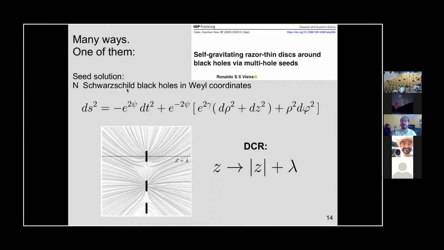A Schwarzschild black hole in Weyl metric is described by a function psi and a function gamma. Psi satisfies in vacuum Laplace's equation, so it is a good thing. And it turns out that it is described by a bar, like a rod, as the source, right? So we may superpose a number of bars and then solve the nonlinear equation for gamma, which is the whole point.